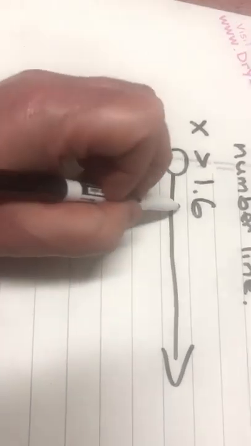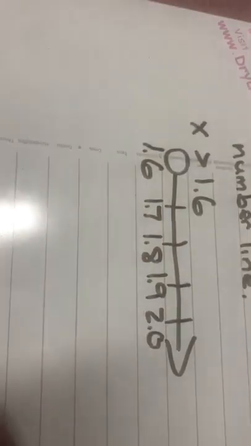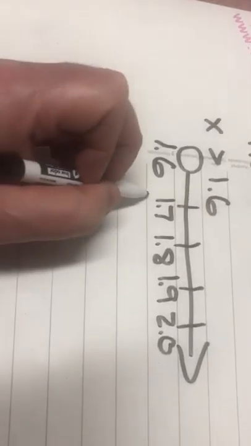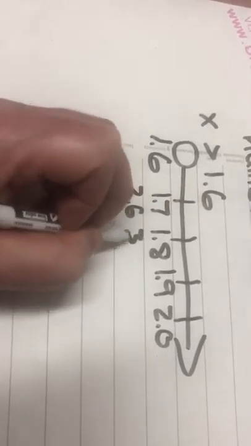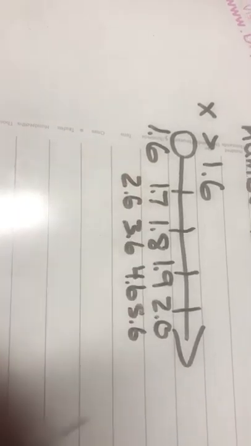Now, with decimals, I have a couple different options. If I wanted to, okay, I could say, well, 1.7, 1.8, 1.9, 2.0. That would be fine. I could also, from 1.6, if I wanted to, just do 2.6, 3.6, 4.6, 5.6.